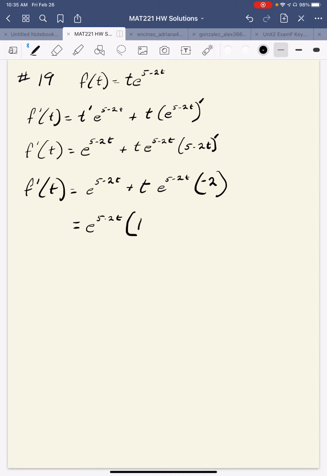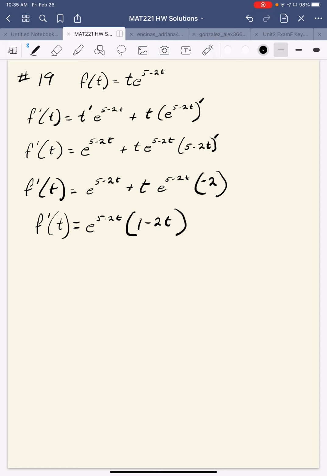And then in this second term, when I factor out the e to the 5 minus 2t, I'm left with a negative 2t, so I will have minus 2t. And that is my final answer for the derivative of that function.